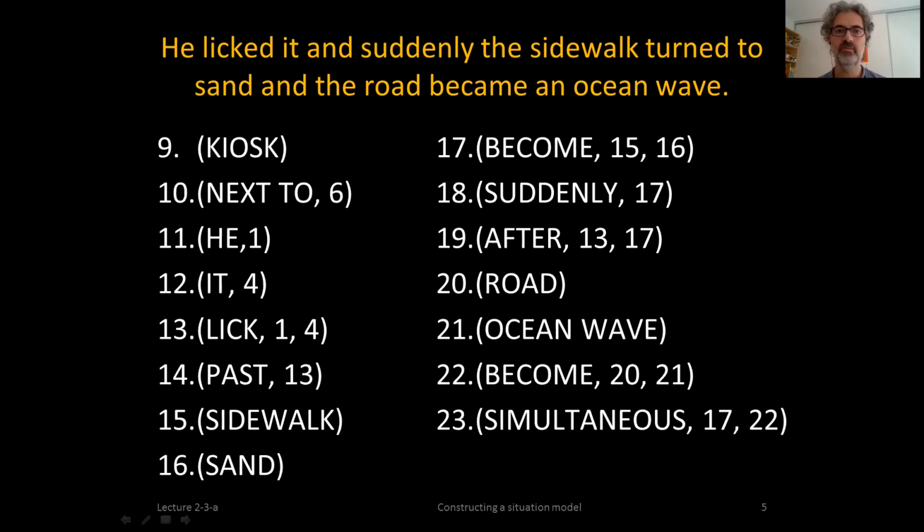So maybe when you read this sentence, you understood that this happened first and this happened second, in which case you would be representing an after relationship here between these two propositions, between these two happenings. But whatever you understood is what is in your mind and should be represented.